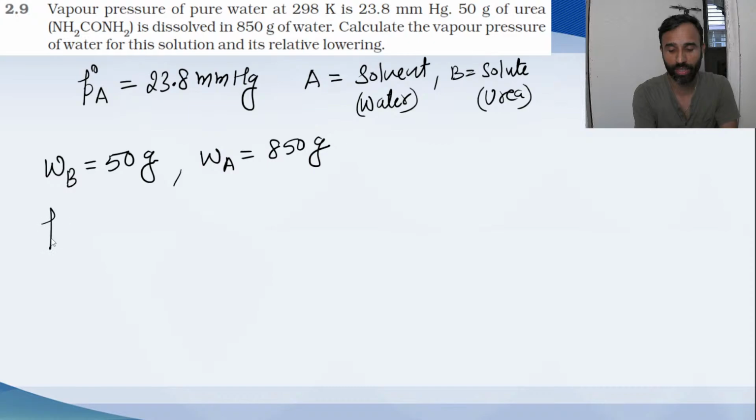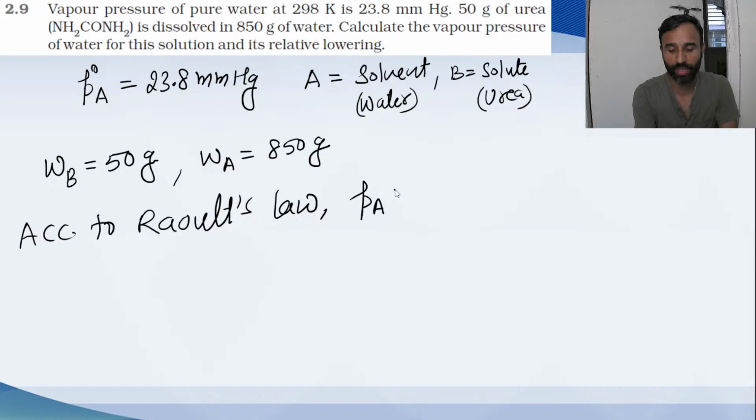So to calculate vapor pressure, according to Raoult's law, PA, that is the vapor pressure of water in the solution, is equal to P naught A XA. And for relative lowering of vapor pressure, what is the formula?